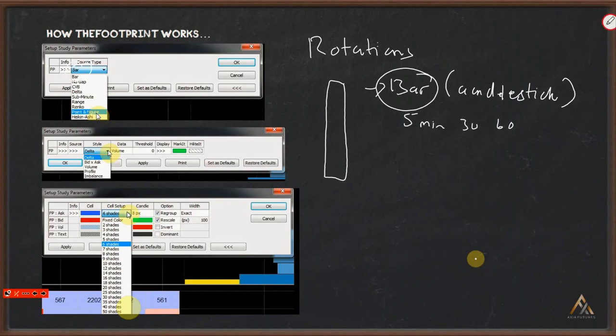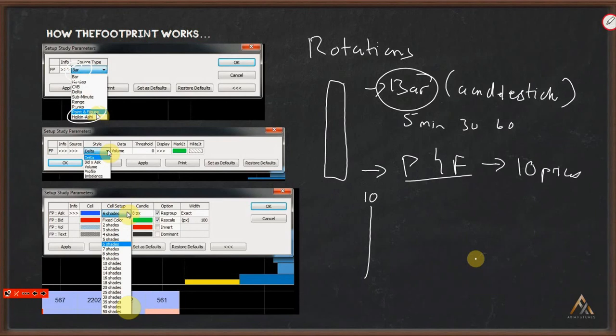Now, the second type of rotation you get is what we call a point and figure. All a point and figure does is allow you to create a rotation based on a certain number of prices. So what do we mean? Let's say prices go up by 10 prices and we've got a point and figure with a setting of 10 prices.